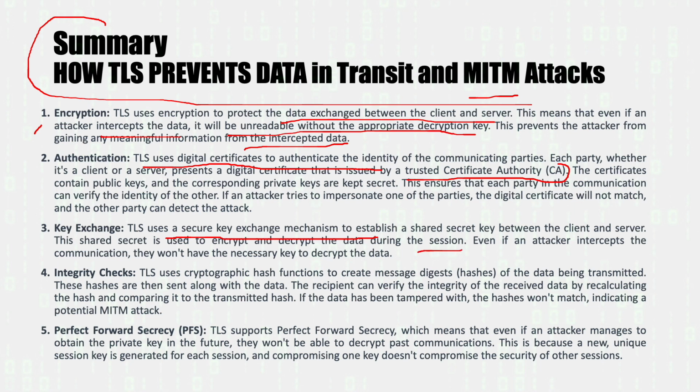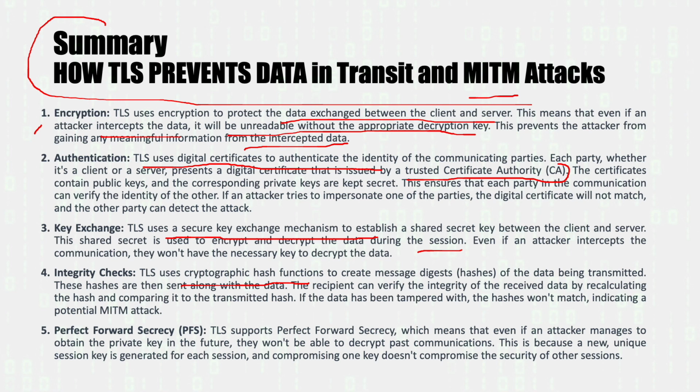Integrity checks. This we had not seen in detail, but what happens is that we send a cryptographic hash along with the data, and this hash verifies that the data which is sent is not modified or updated in transit, because the hash of our data would always be the same. From the data you can always generate the hash.